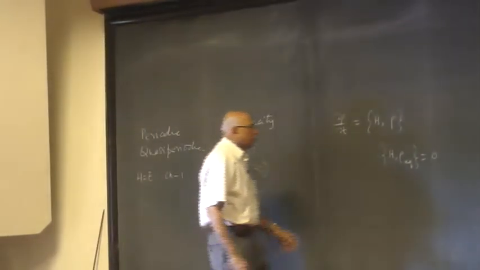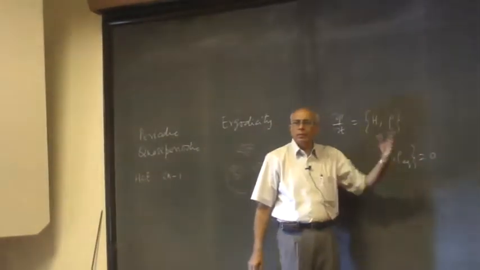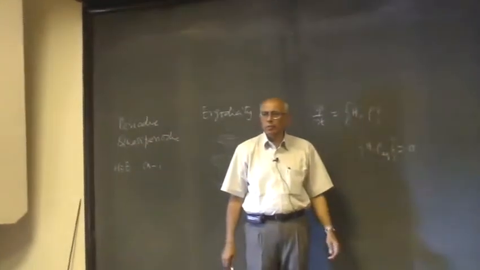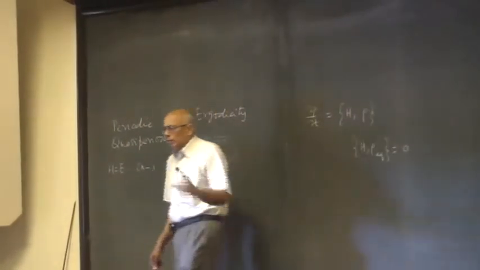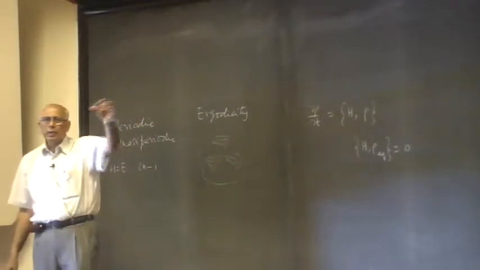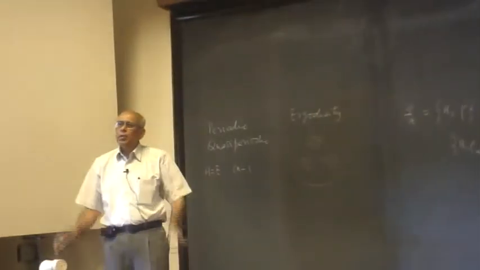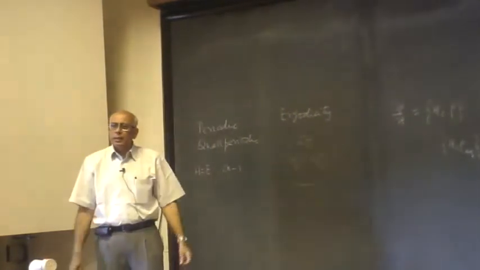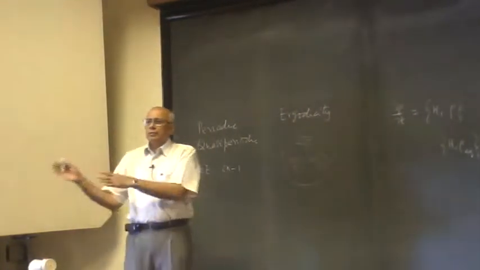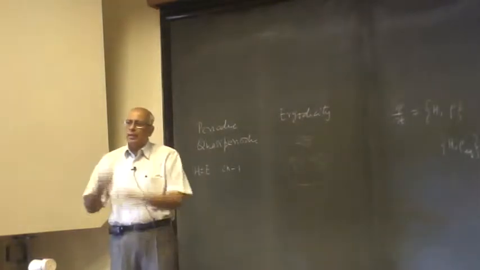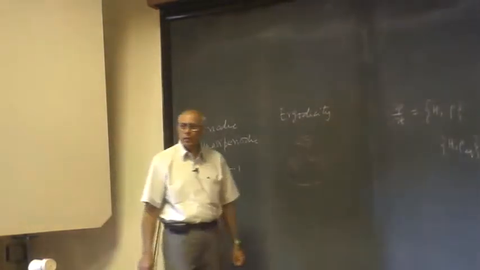However, it's actually a function of h as well as the other operators which Poisson commute with h, the other constants of the motion. So strictly speaking, you must use Lagrange multipliers for each one of those. But once you tell me that the motion is a given motion, all those numbers are fixed forever, then all the copies of the ensemble, that number is fixed always, then you don't have to worry about it at all.